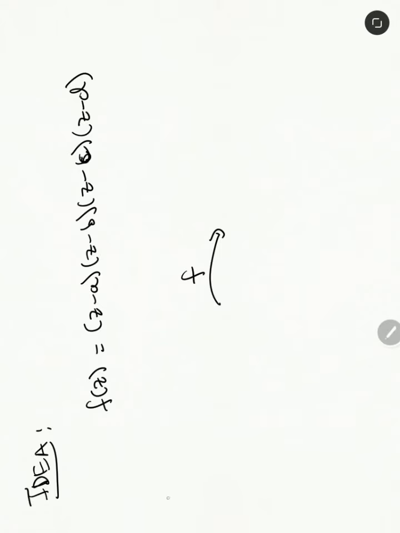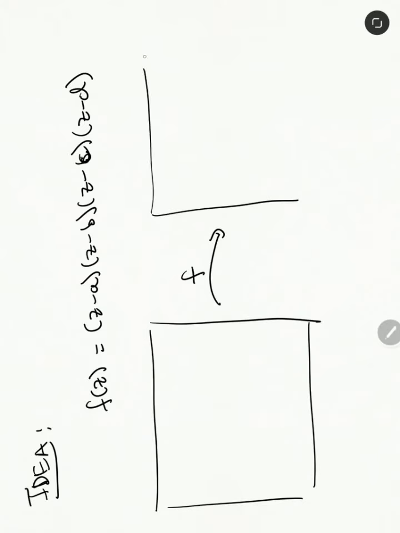And then here's one copy of the complex numbers here. And here's another copy. And let's take a point here, z. And let's suppose that our points are like this: a, b, c, d, like so.